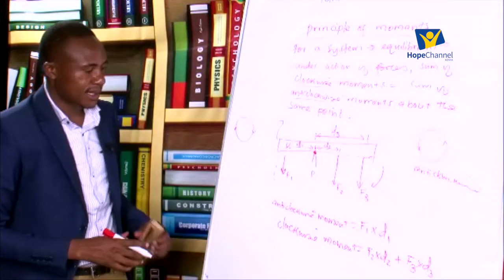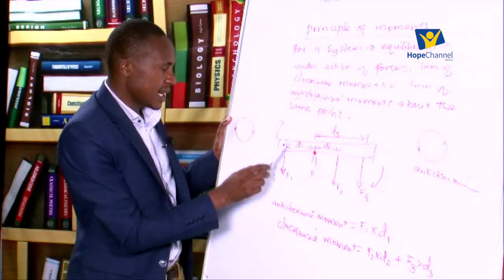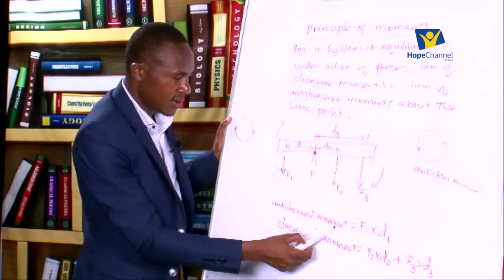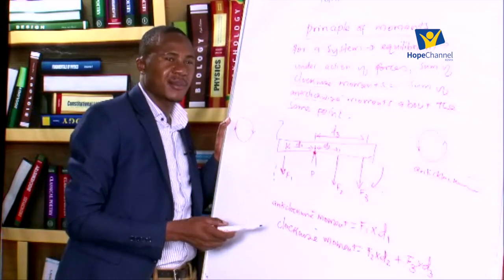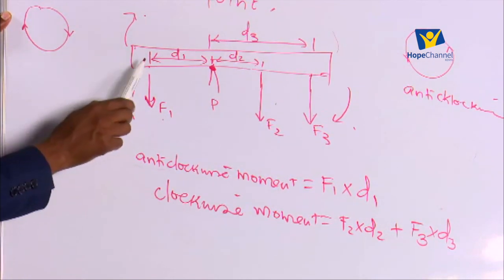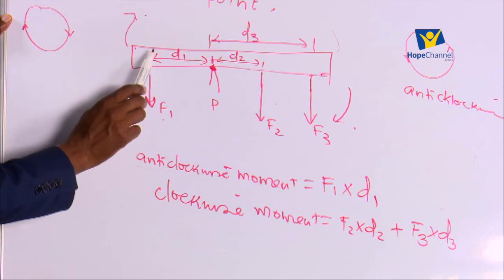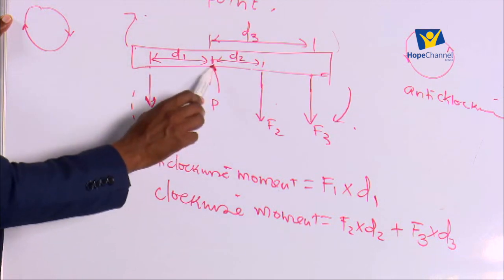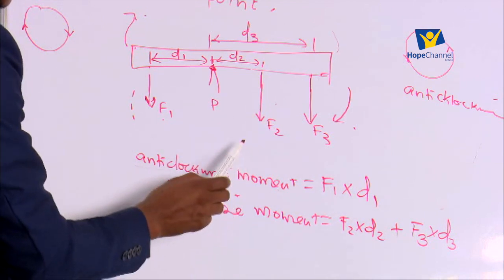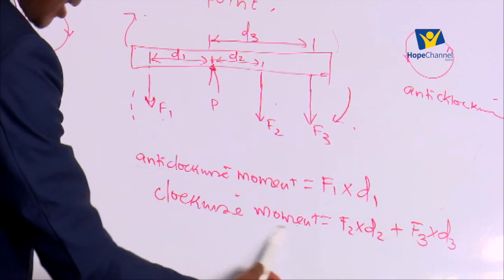Now look at this. For the moment of force due to F1, the direction of rotation it tends to produce is anticlockwise, and so we call it an anticlockwise moment. That moment is given by force times distance. The force involved is F1. The distance from F1 to the point of support is D1, so we have D1 from F1 here to P. Then the other force, F2, is producing a clockwise rotation, so its moment is a clockwise moment.